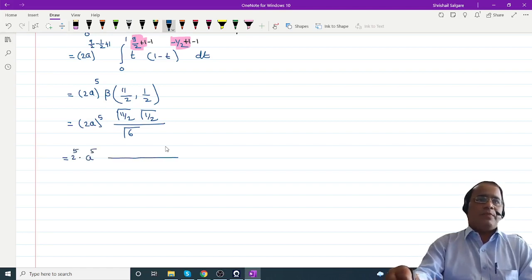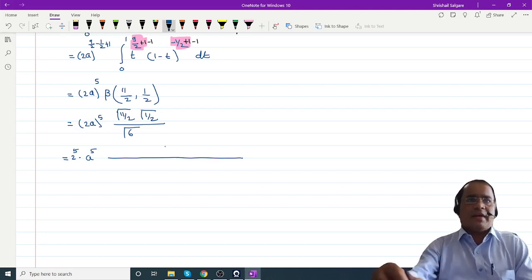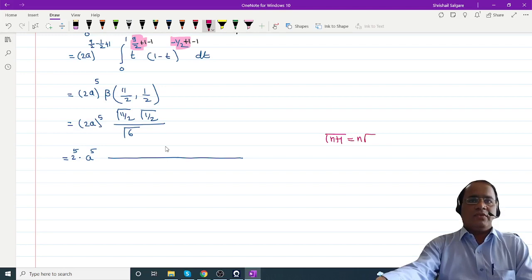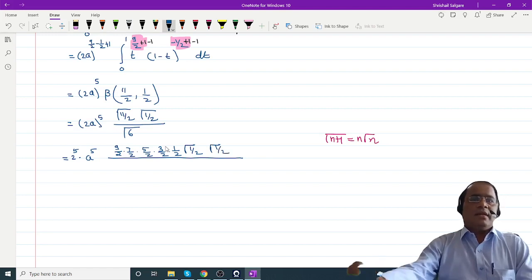Now, because there is no term to cancel from the numerator and denominator, I am applying the property gamma of n plus 1 is equal to n gamma n. If you apply this, reducing the number by 1 each time: 9 by 2, 7 by 2, 5 by 2, 3 by 2, 1 by 2 into gamma of 1 by 2. The second gamma of 1 by 2 stays as it is, and gamma of 6 is nothing but 5 factorial.